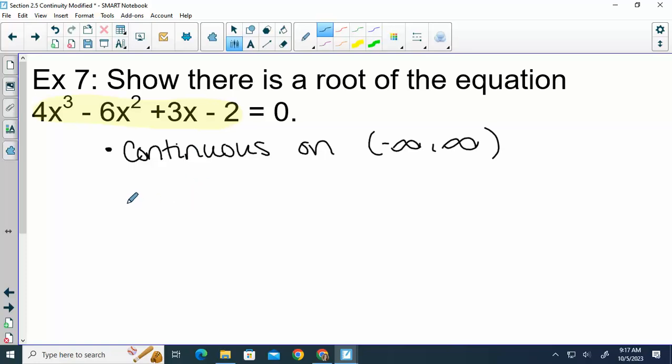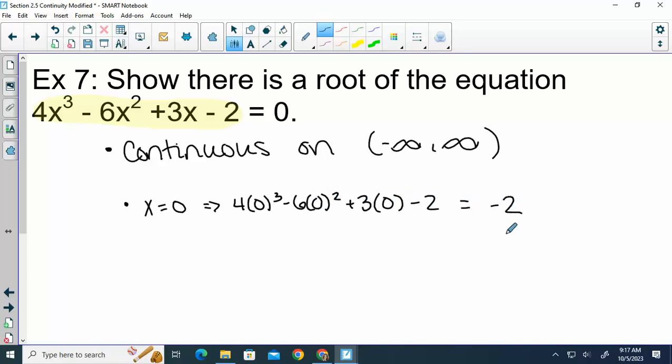You want to try that? So if x equals 0, we get out -2. So what I know on my graph so far is 0, -2 is a point on the graph. It's continuous. So now all I need is a different x value that would give me a positive answer. What do you want to try?